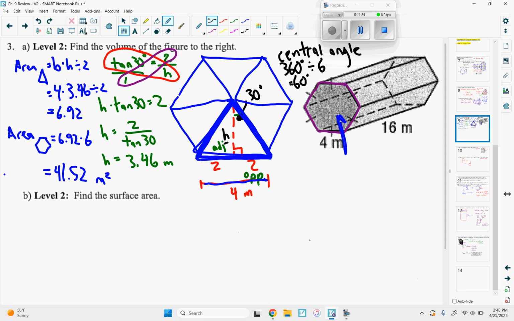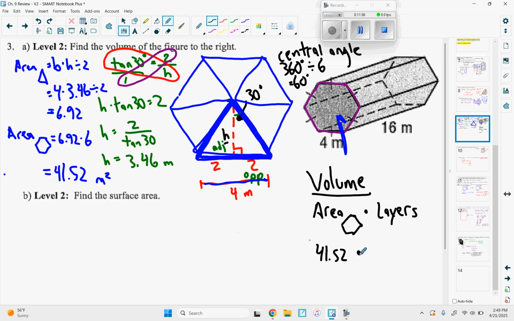All right, that was a lot of work and a lot of steps, but now we're pretty much there. To find the volume now of this prism, we're going to take the area of our hexagon and times it by the amount of layers. All right, we already know our area of our hexagon is that, and the layers is the distance between our bases.